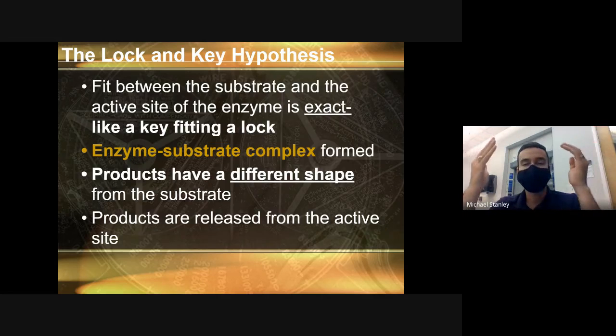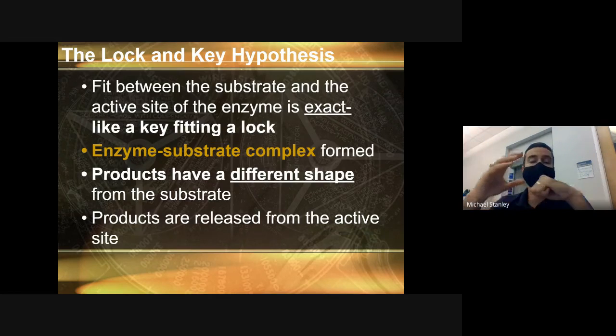Because remember, enzymes are specific for just one type of reaction. So an enzyme will only fit one substrate. An enzyme and its active site should only be able to bind to one substrate. So the way that they make sure it's the right one is by having this kind of perfect fit.